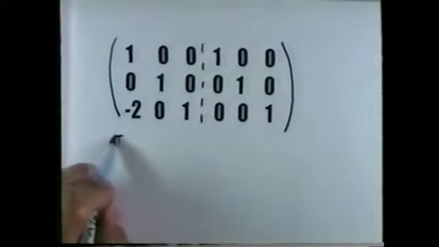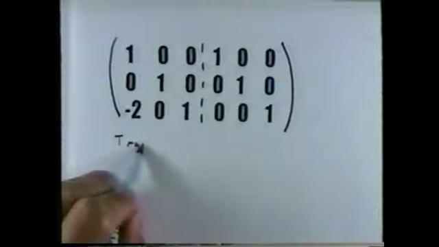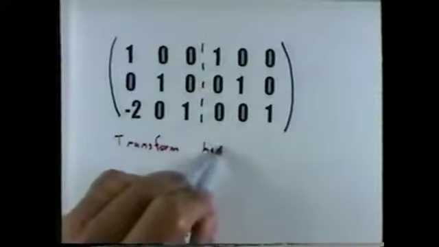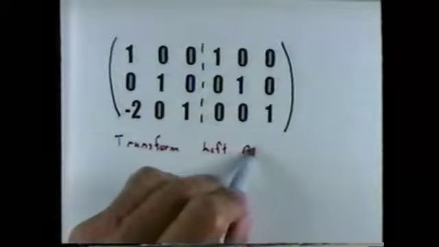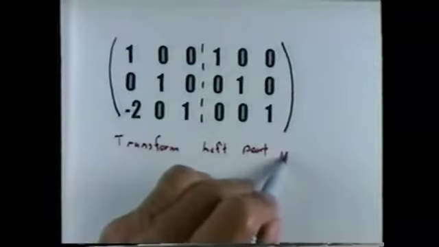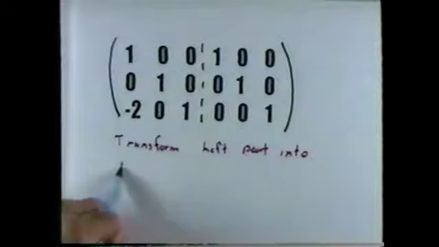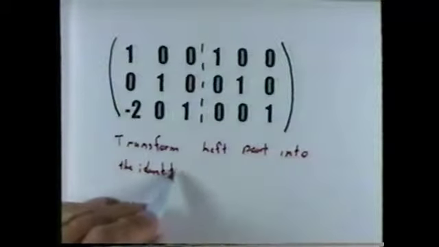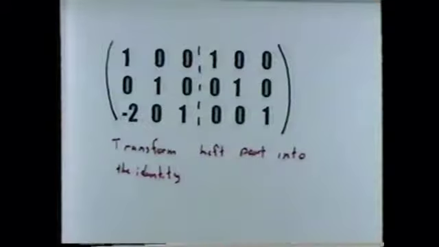And we want to transform the left part into the identity. Remember, that's how we find the inverse. Transform the left part into the identity using the elementary matrix operations.